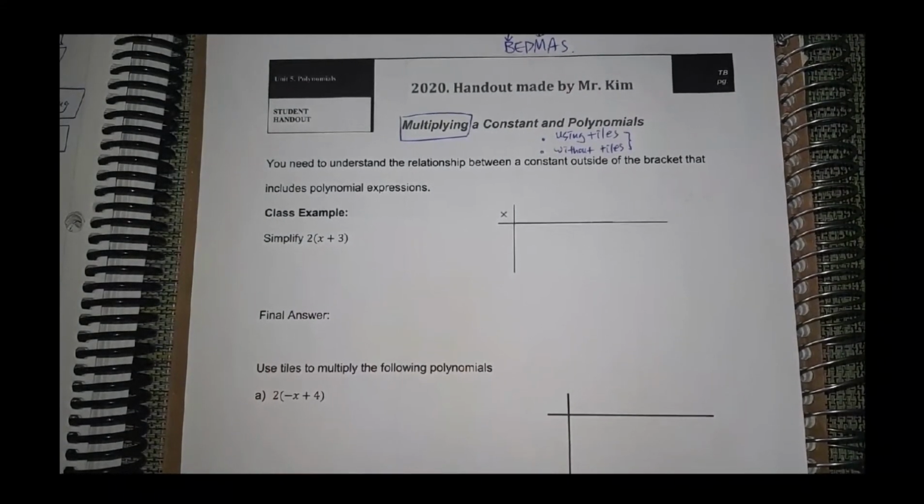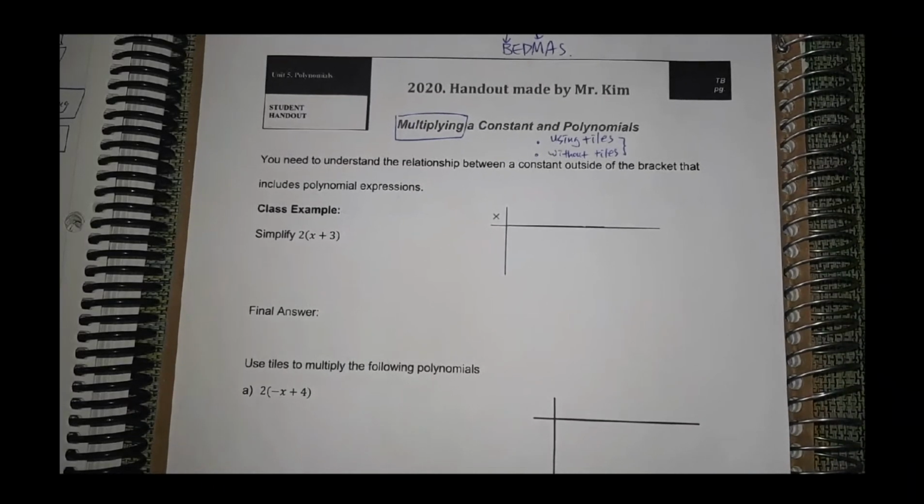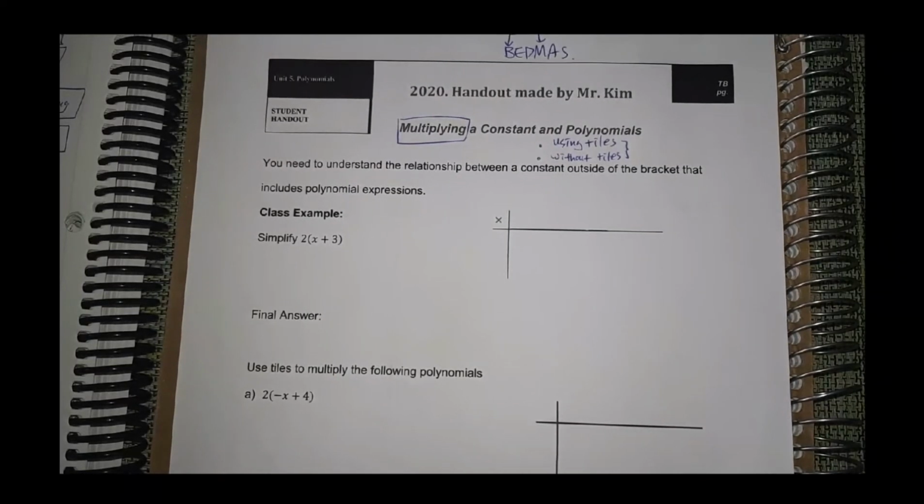And it is your job to go through the relationship between the constant outside of a bracket and how that can be distributed into any of the components, whether you have second degree, first degree, or no degree, which is the constant term that is inside of the bracket.